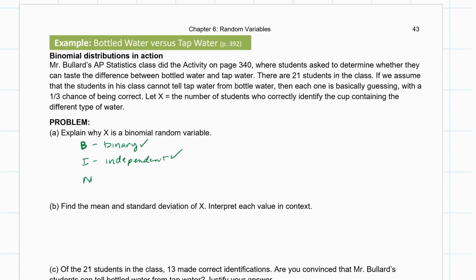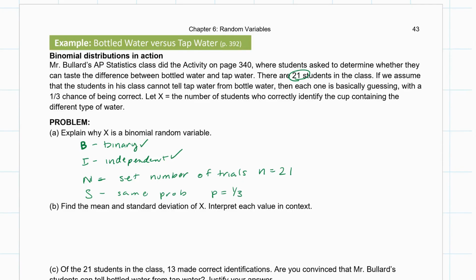N, there's a set number of trials. In this case, the set number of trials is the 21 students that are participating. And S, there's the same probability of success on each trial, and that is 1/3.